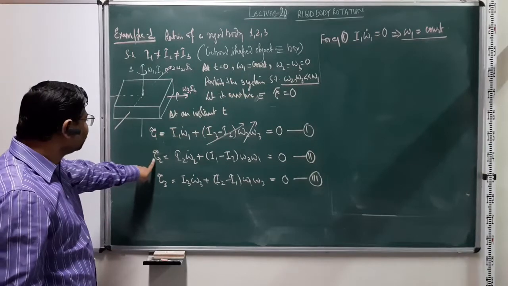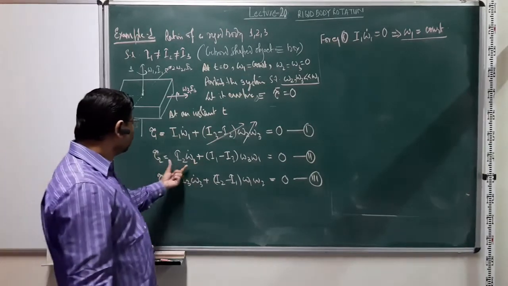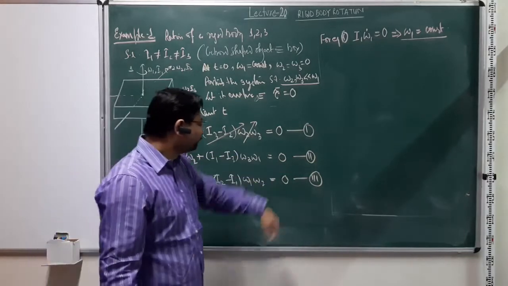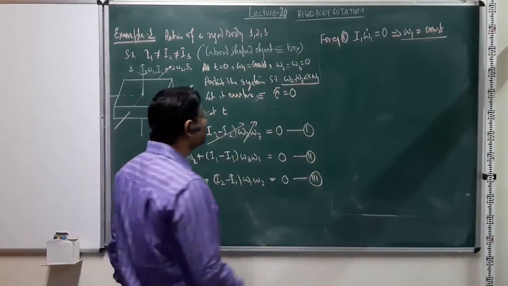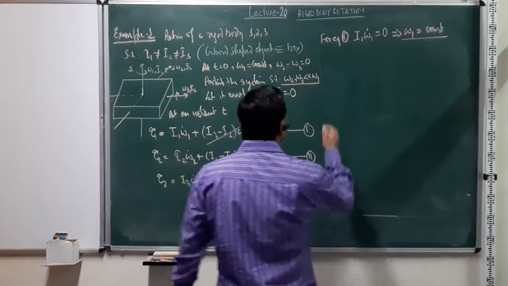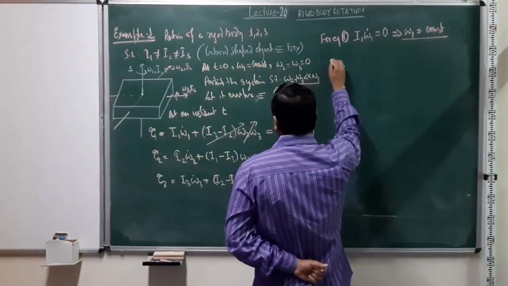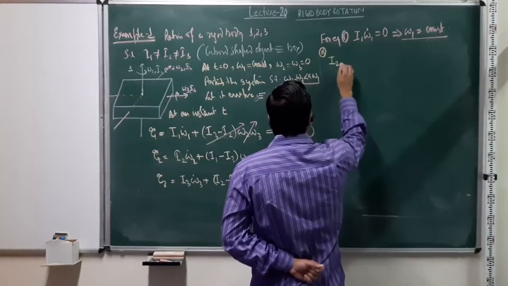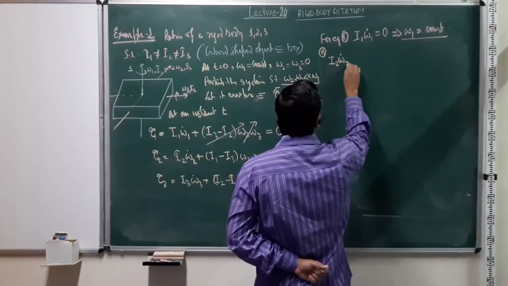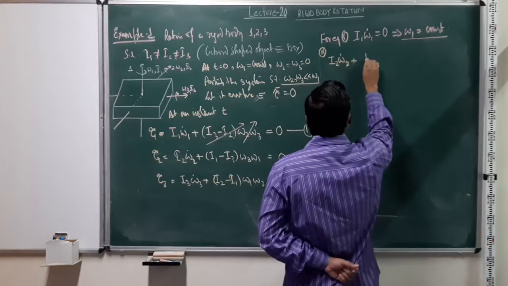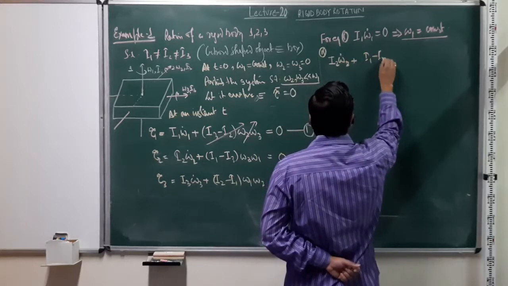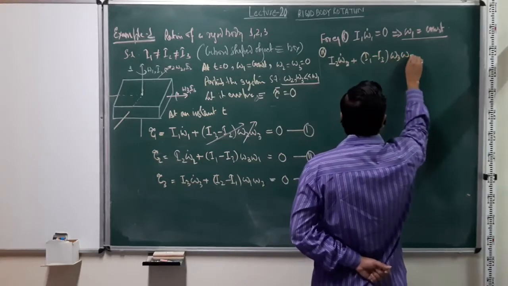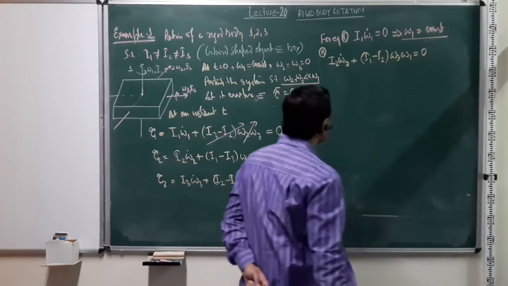Now what about the equation of motion along the second and the third direction? So the second and third equations. Let's solve for the second one. The second equation is I2 omega 2 dot plus I1 minus I3 omega 3 omega 1 is equal to 0, right?